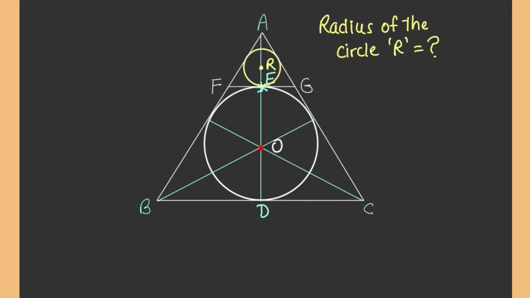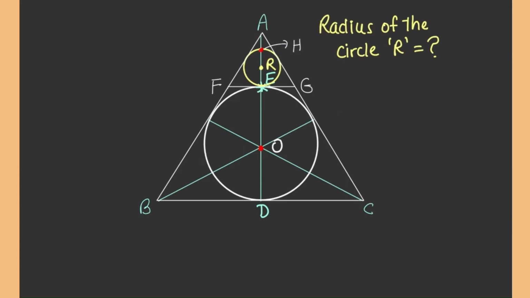And this point up here, where the green line AD intersects the yellow circle at the top, let's call that H. So here we go. This is our H.